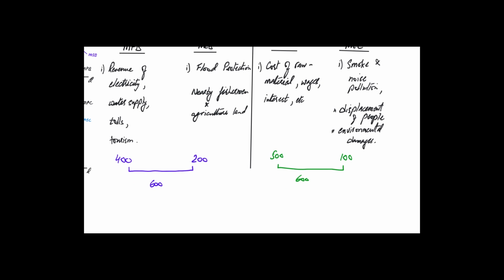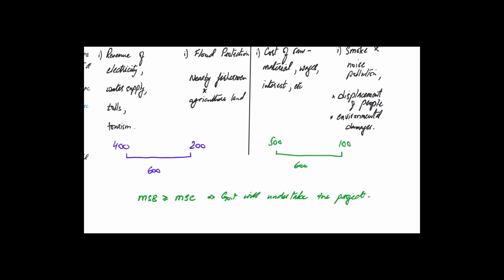In fact, the government would take any project as long as the marginal social benefit is greater than or equal to the marginal social cost. The government will undertake the project because, according to them, the social benefits are not less than the social cost.